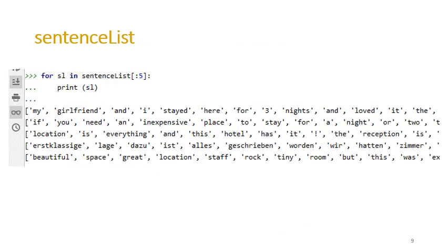So here I just showed that each element in the sentence list is a list, and then within each list you have each word separated from the others. Okay, so this is what the Gensim word2vec wants for the input.